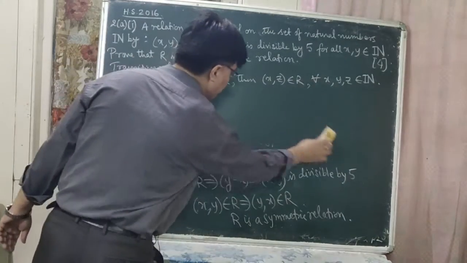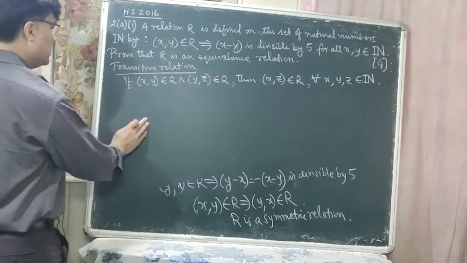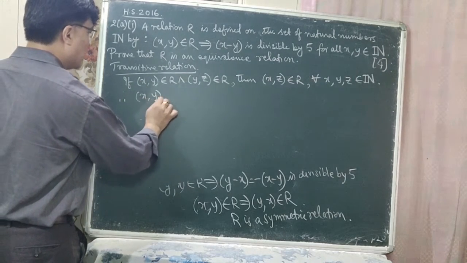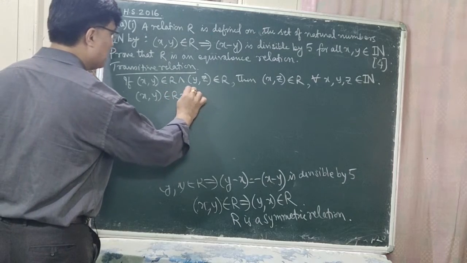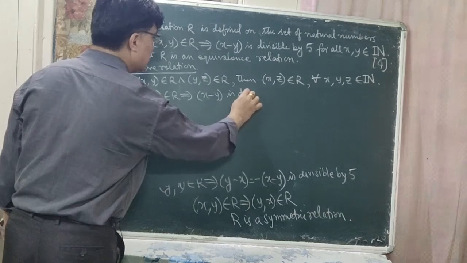So now let us check whether it is a transitive relation or not. In this case, it is given that x, y belongs to the relation R. It implies that x minus y is divisible by 5.